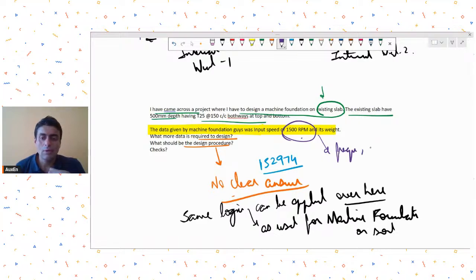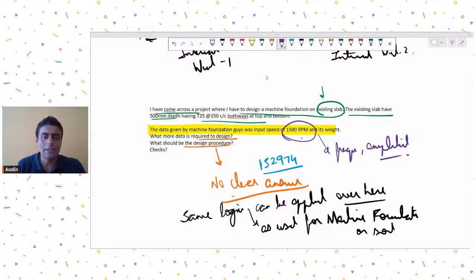Also, have a look at the amplitude, if this has any excitation amplitude, or what is the amplitude of vibrations. Okay, you check that also. And the design procedure or the checks, as far as I can answer over here, will be similar to what is given in 2974 part 4.